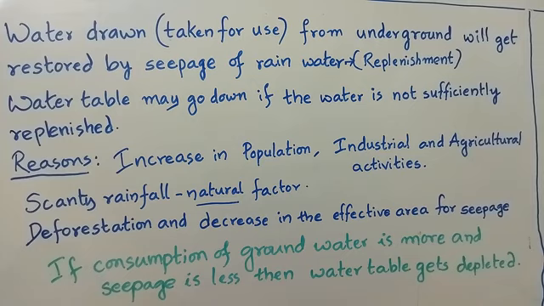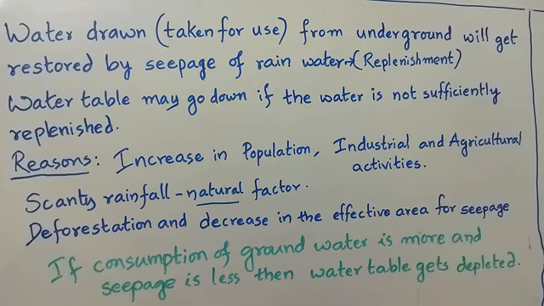If forests are removed, then automatically the entire water in the form of flood will just go and join the rivers, and from the rivers it will directly go into the oceans. So deforestation also results in a poor rate of replenishment of groundwater.